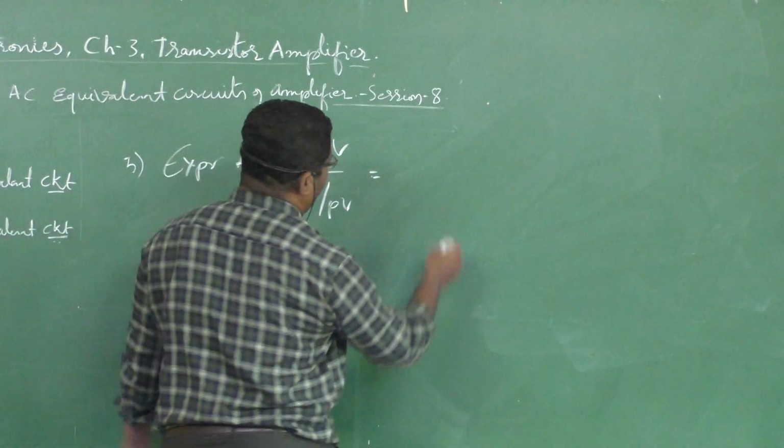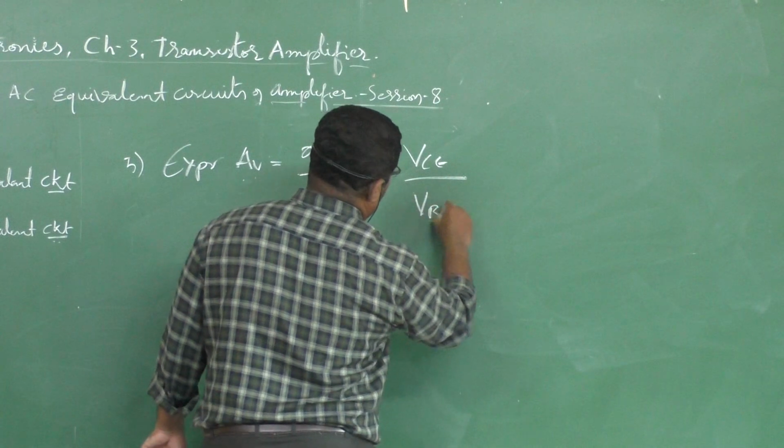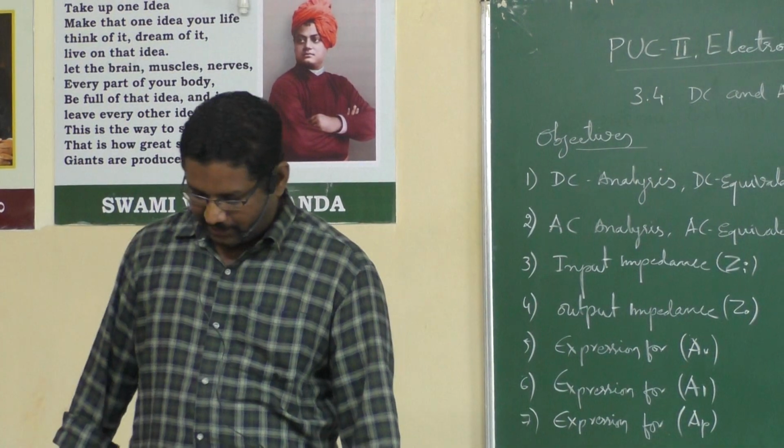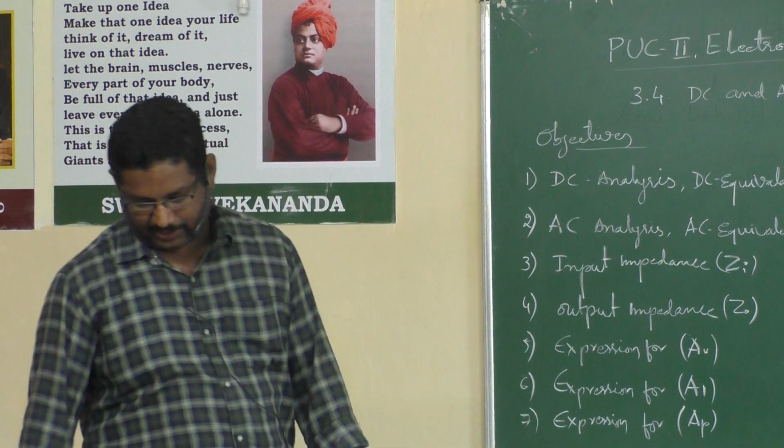So earlier we have seen VCE divided by VBE. Okay, output voltage divided by input voltage, VCE divided by VBE, or in other words we can write IC into output impedance divided by IC into RE dash. So that also we can write.